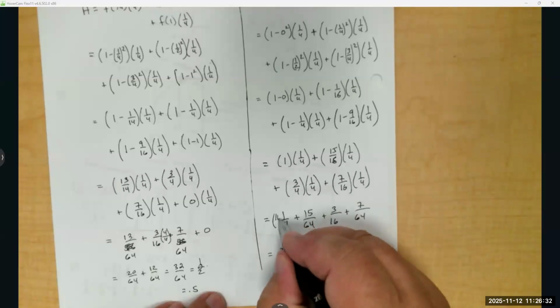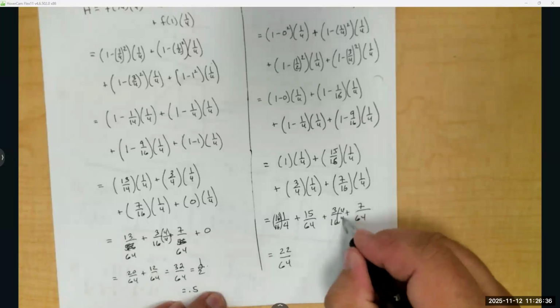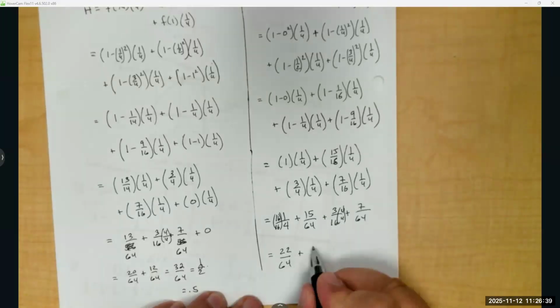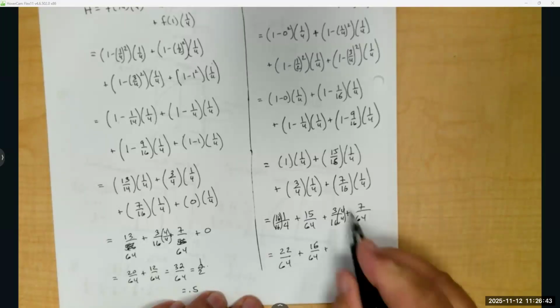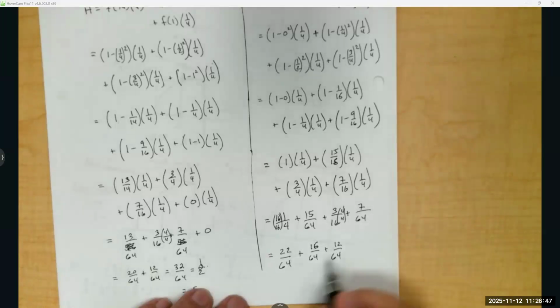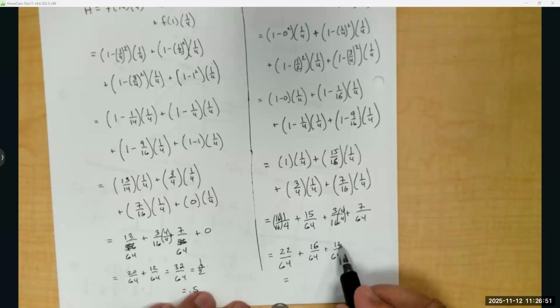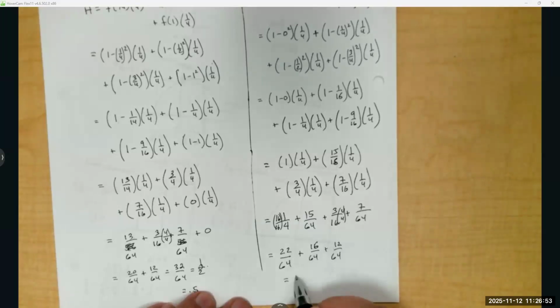The first one has to get multiplied by 16 over 16. The next one is 4 over 4. So we have 16 over 64 plus 12 over 64, which makes it 50 over 64.